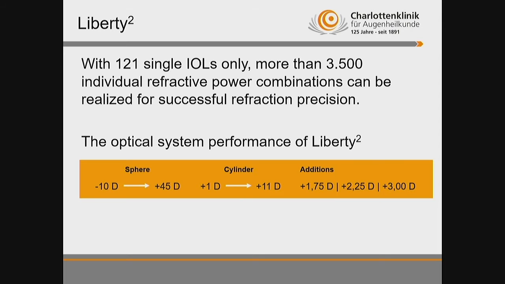So with 121 single IOLs only, you can individualize a refractive power combination of 3,500 different diopter combinations, which makes the whole storage problem and the administrative part very easy.